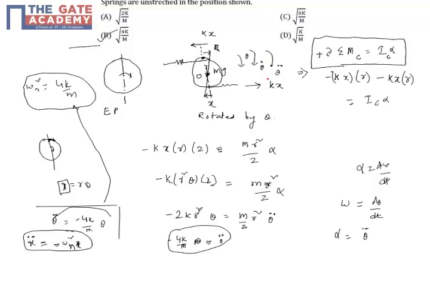So try to express the time double derivative of theta with theta, in this form: theta double dot is some constant into theta. Once you get an equation in this form, it means that it's simple harmonic motion, and that constant will give you the natural frequency. So 4k by m. Thank you.